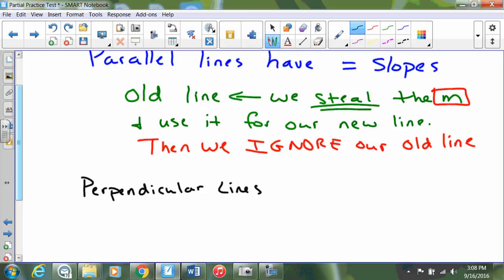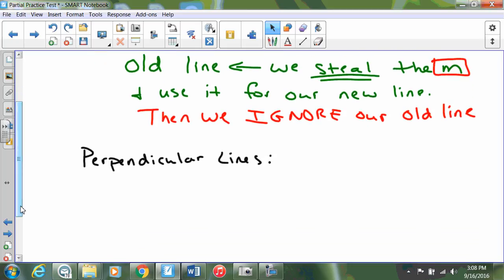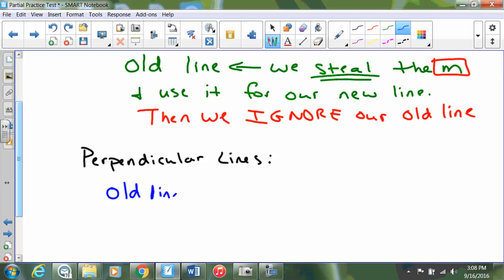Their slopes are negative reciprocals, but let's just talk about what you do when a problem says, oh, here's an old line, and make a new line out of this old line, and they give us other things. So if they give us an old line, guess what we do? We steal the slope.